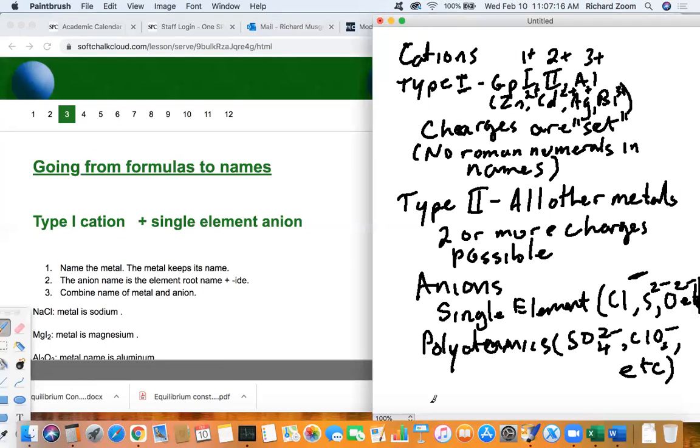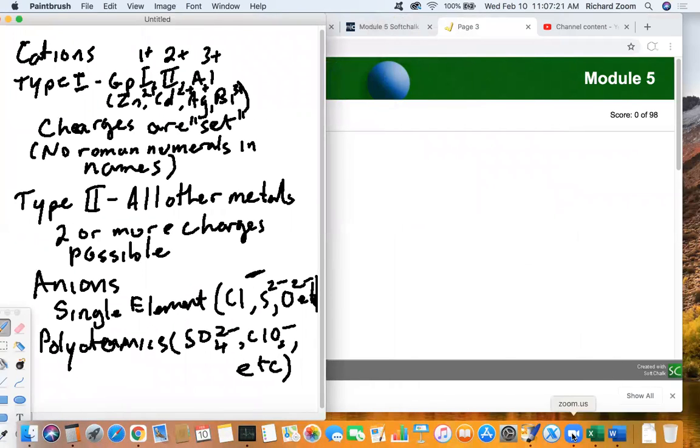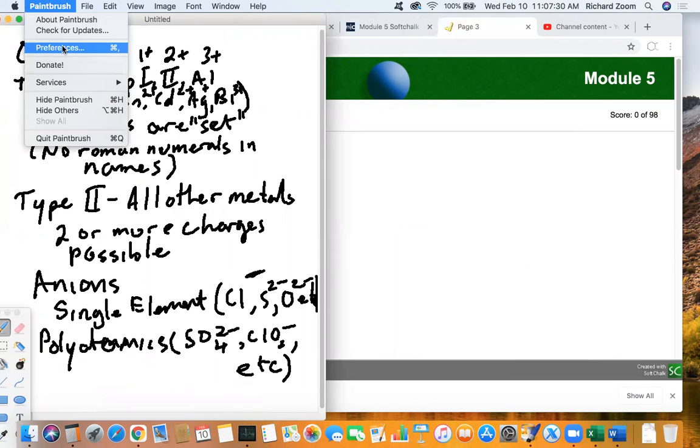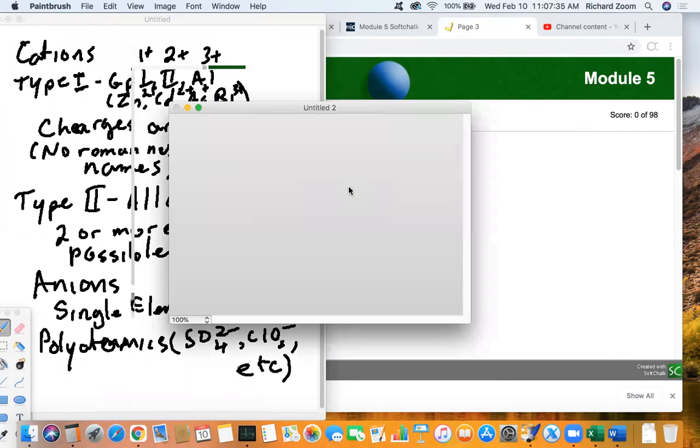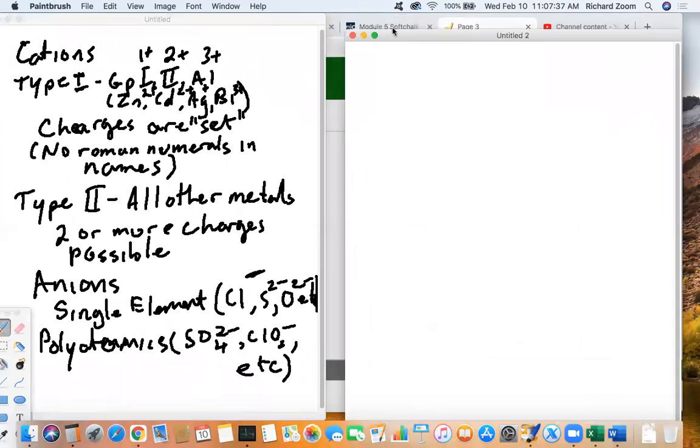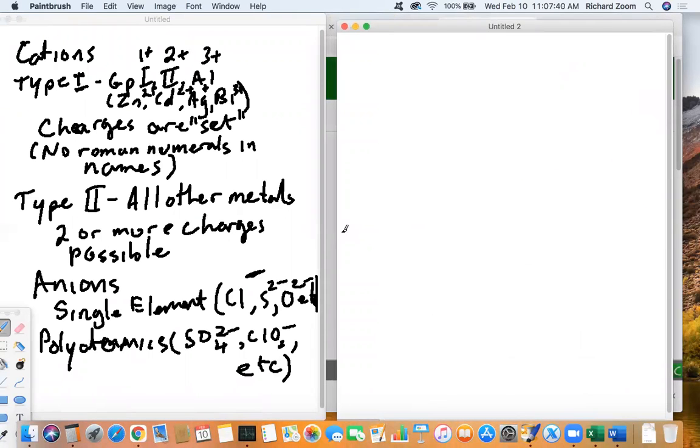Okay. I'm going to leave these rules over here, and I'm going to open another instance of this chalkboard here. And I wanted to go through a few examples just to illustrate what I was talking about. So let's see.